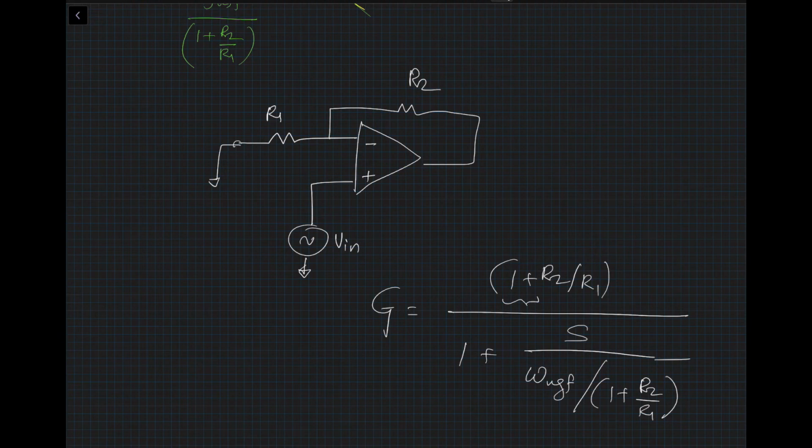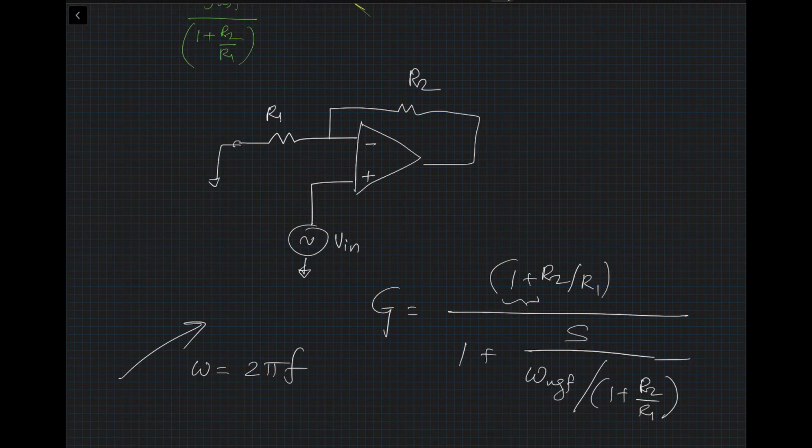Okay. I would encourage you to go through this derivation on your own and convince yourself. Once again, just so that you don't get confused, omega is equal to 2 pi f, because I'm using these terms interchangeably.